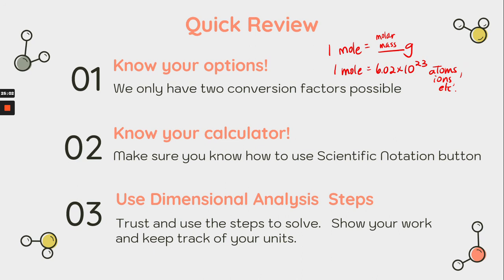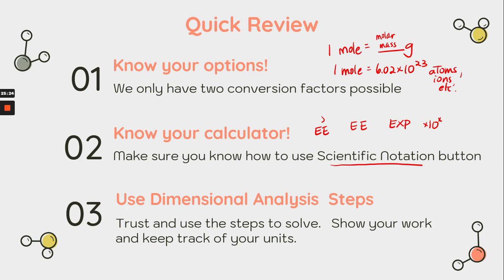Know how to use your calculator. Know how to use scientific notation. Do you use the comma EE button, right? Do you have an EE button? Do you use EXP? Do you have a times 10 to the X button? Do you have something else that I showed you?